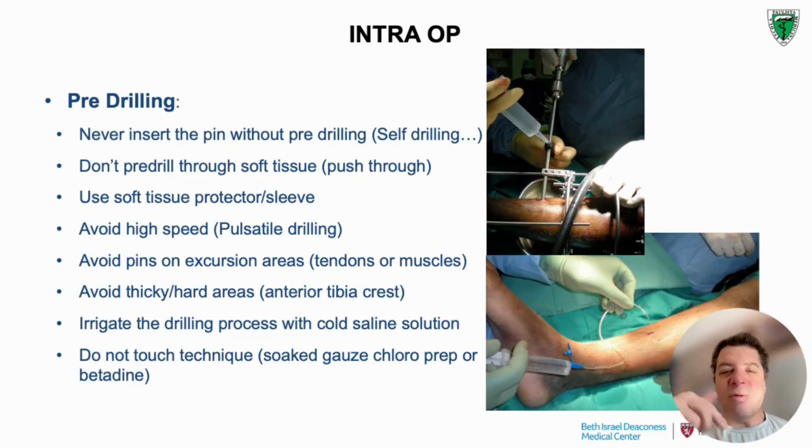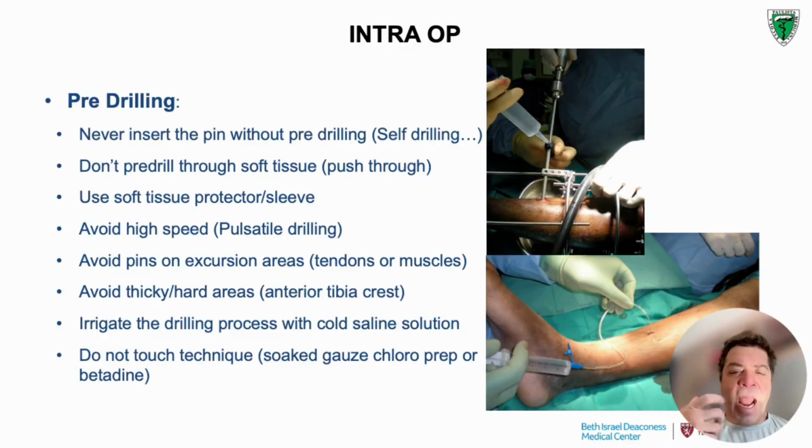And then before I start, I already put some cold saline solution in the soft tissue protector. I drill the tunnel through the bone while I'm irrigating with more saline solution. If you don't have speed control on the trigger of your drill, do pulsatile drilling.